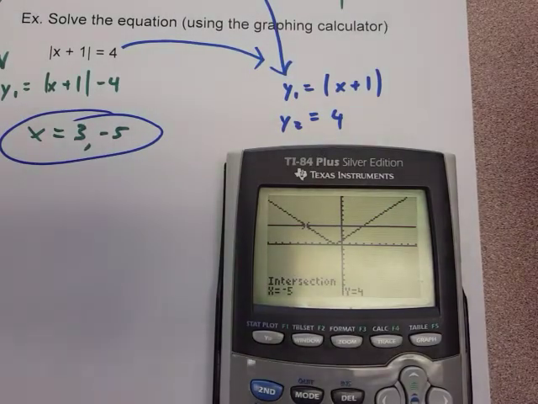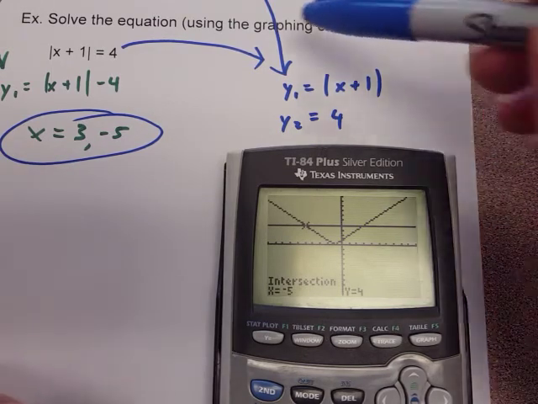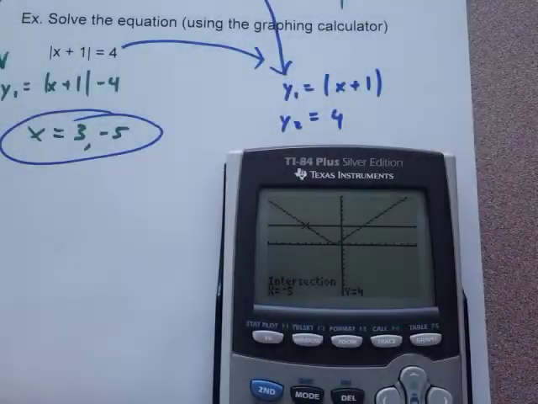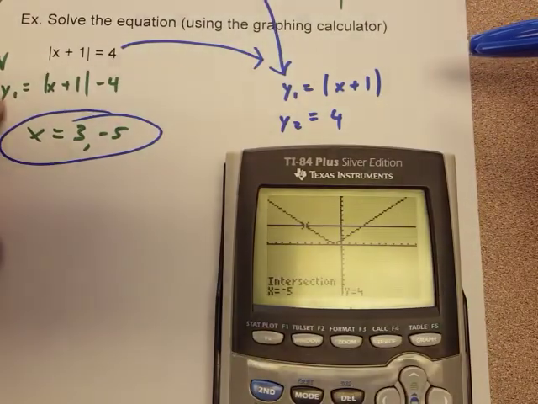Last thing, and also because this is a graphing calculator problem, essentially, we're going to use the table to see if we can find out the same thing. So I'm going to revert back to the y1 that we had in the first example, back to this one right here.